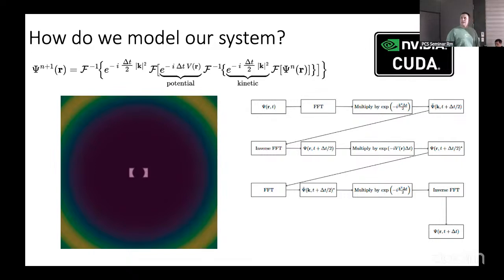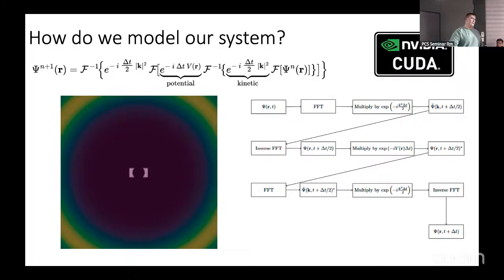So the numerical strategy looks, simplified, something like that. You apply fast Fourier transform to your initial state, then you apply the evolution operator which depends on momentum.